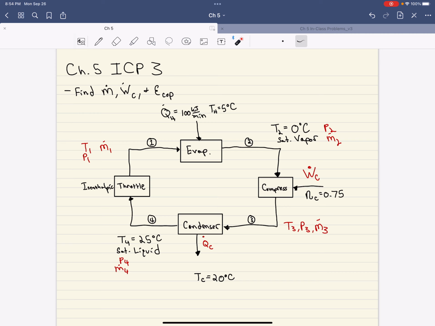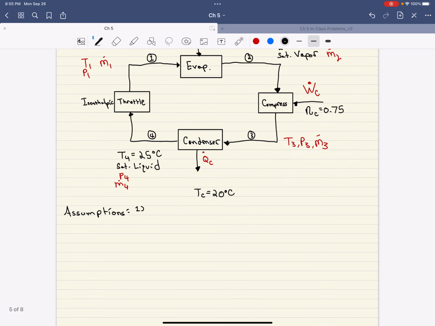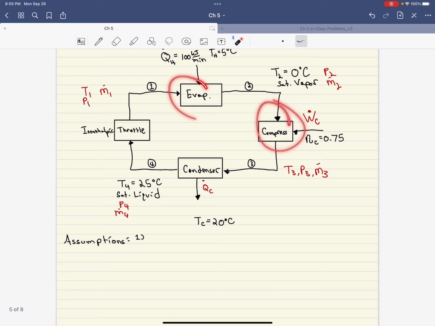Before we go on through our analysis, we're going to want to make some assumptions. In this refrigeration cycle, just like in the Rankine cycle, we're going to treat each of these different unit operations as an open system.